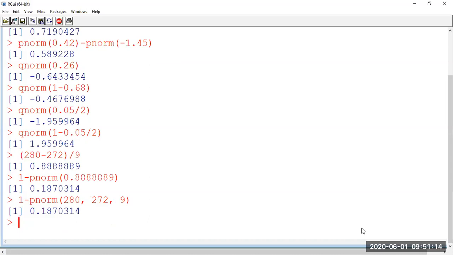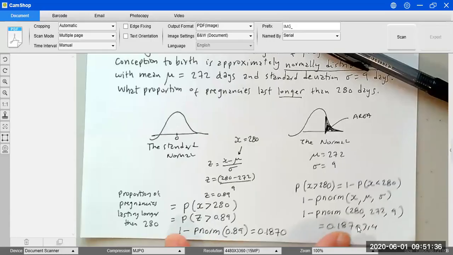So that's the solution. That's the probability that a pregnancy is going to last longer than 280 days. So that's our example 7.13. We have here the results for this program.